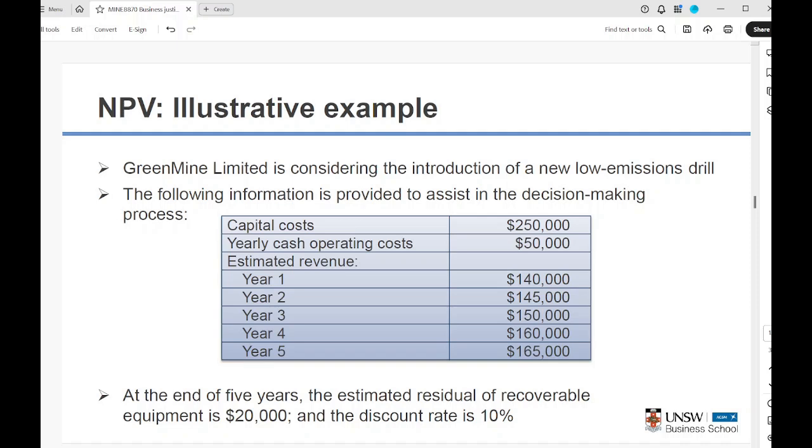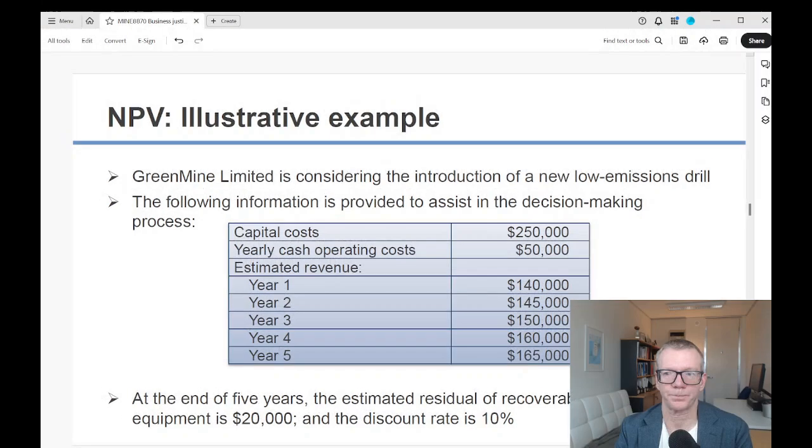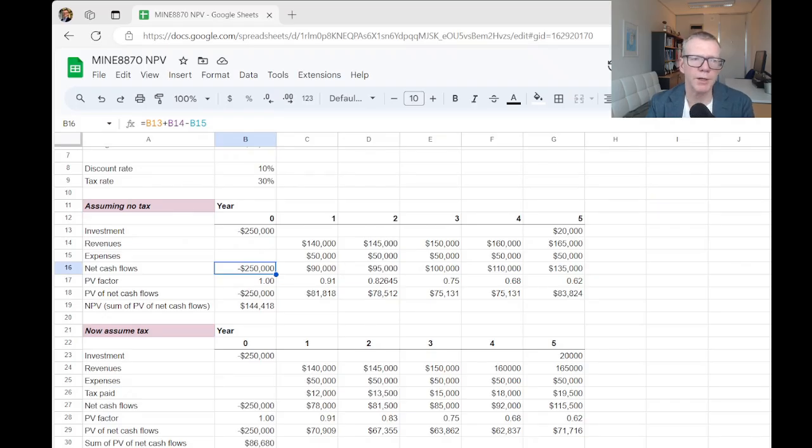So your choices when you're setting up your spreadsheet is that you could either code these expenses as negative numbers, or you could code them as positive and just remember to subtract them. So as long as you're being internally consistent. So what we end up with here, so we end up with our net cash flows, 250, 90, 95, and so on. And again, we're using this same formula to get our present value factor.